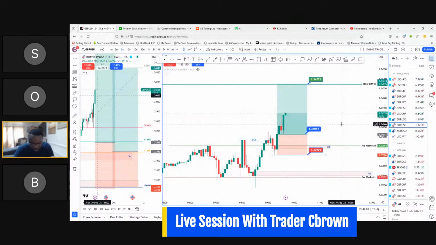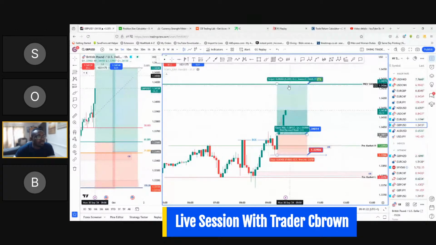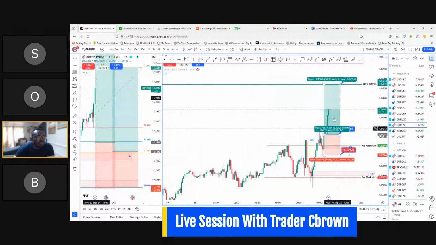Imagine if I risked the whole 1%, that would have been $500 straight up on a 25K account. So let's see how price gets there. Obviously, we can tell that price is pulling towards that area. There's a strong liquidity area at that level. So price is pulled towards that previous daily high liquidity level.